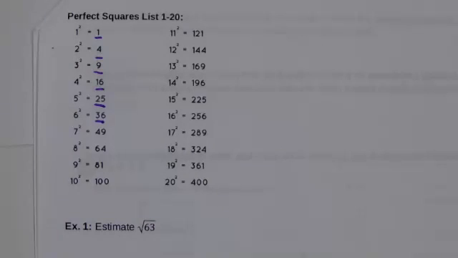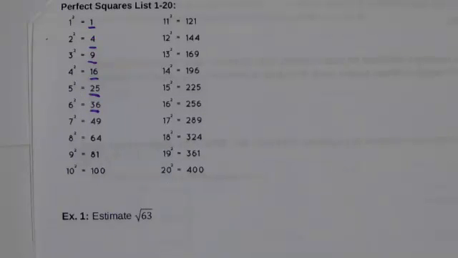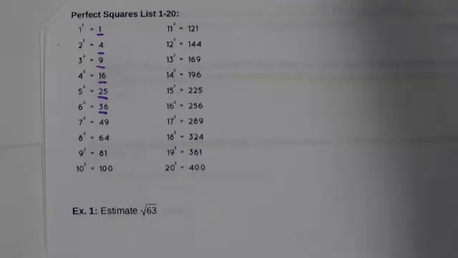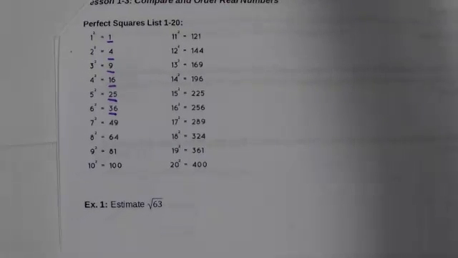So we're going to start with example 1, and it says estimate the square root of 63. I'm going to try to keep my perfect squares list on screen while I have example 1 on screen. Okay, so estimate the square root of 63.